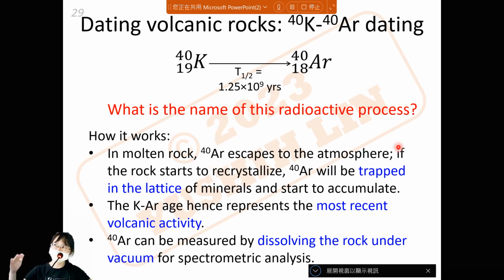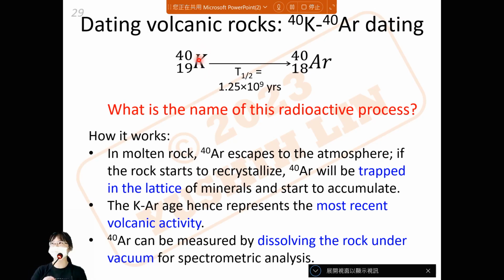When the magma is cooling down, and when the rock starts to recrystallize, argon-40 will be trapped in the lattice of minerals or in the crystal. You might think in mineral everything is solid, but actually in mineral crystal it's possible to trap gases.